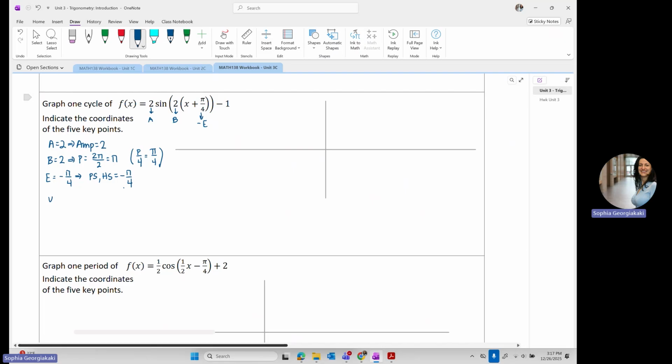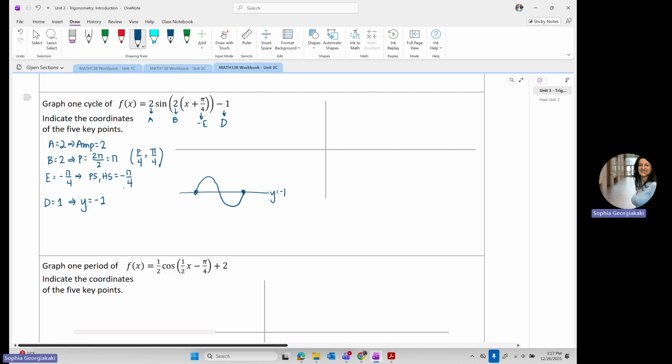The next thing is the midline. D is equal to -1, and therefore my midline will be y equal to -1. This is a sine function. It has a positive A, so it's going to start at the midline, and it's going to go like that. Y equal to -1.